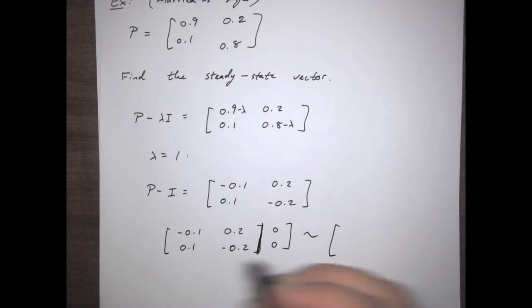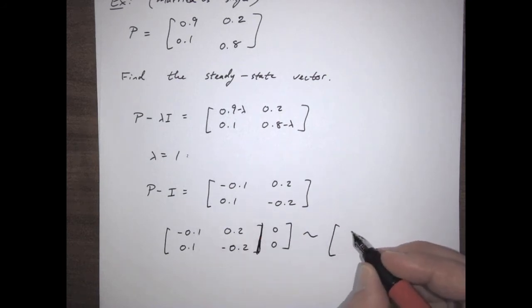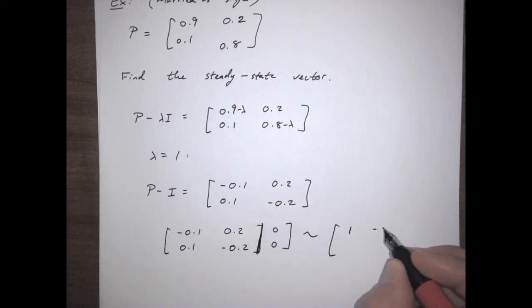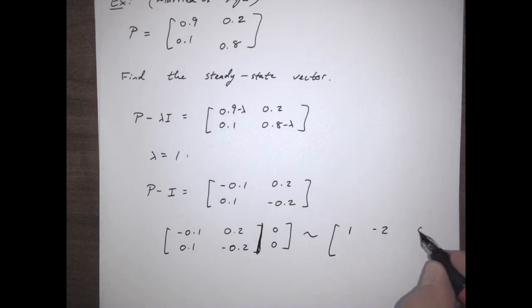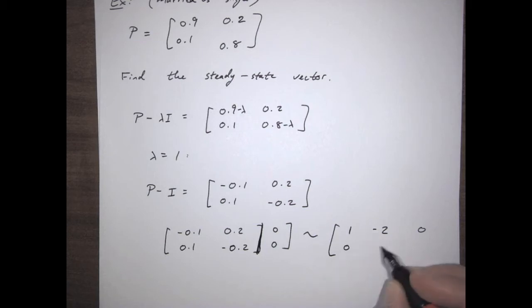We can just clear this out, move this up here, 1, negative 2, 0, and then 0, 0, 0.